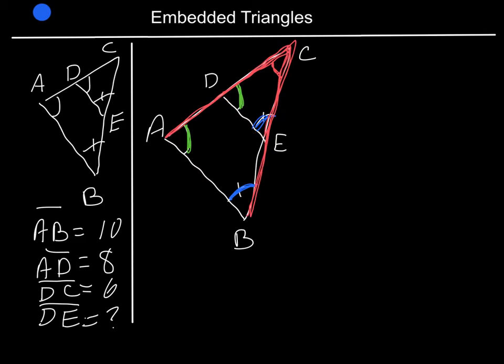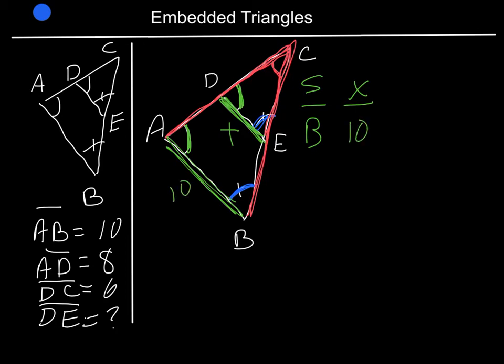So I'm going to be trying to find this side and this side. I'm going to go ahead and put the small over the big on this one. So that's X. I don't know what DE is, so I'm going to say X over, and then they tell me that AB is 10.